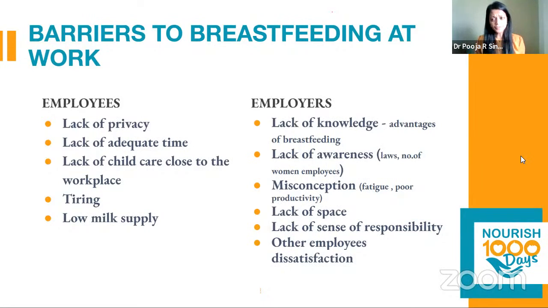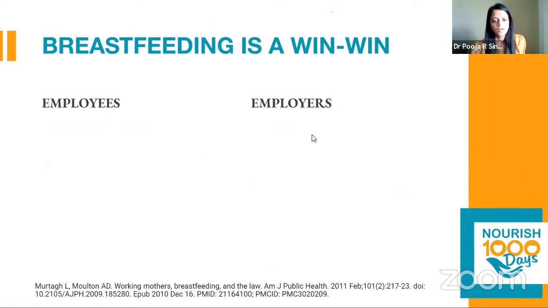There may be a lack of sense of responsibility, not out of intention but maybe out of ignorance about the topic, or not understanding that it is not just a mother's personal choice but also in the interest of the community and the well-being of the human race at large that is at stake if the mother is not breastfeeding. And they may be worried about other employees' dissatisfaction if the mother takes the breaks or is not there at work for certain important times.